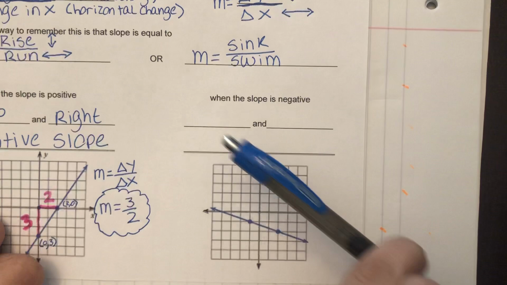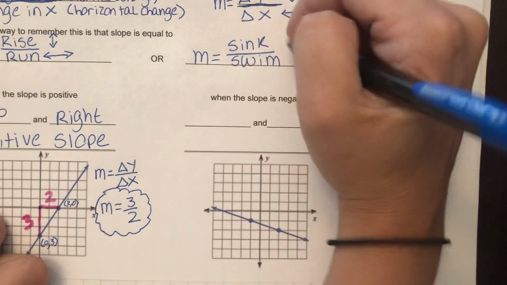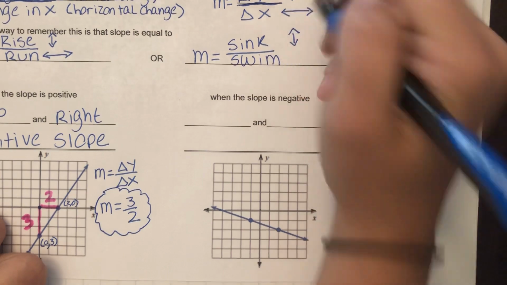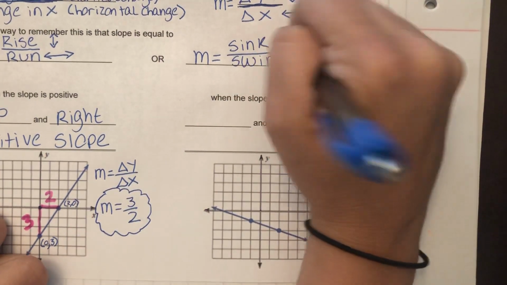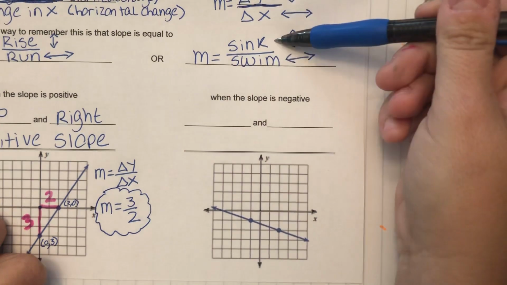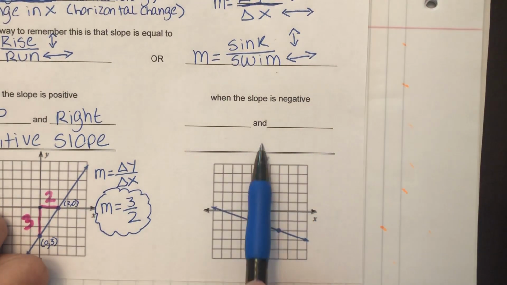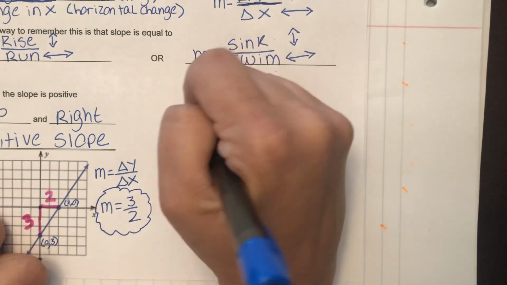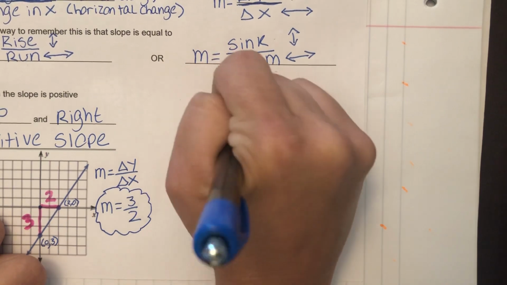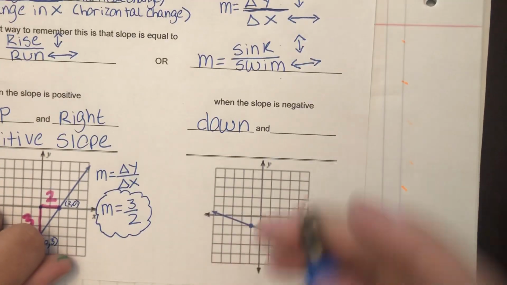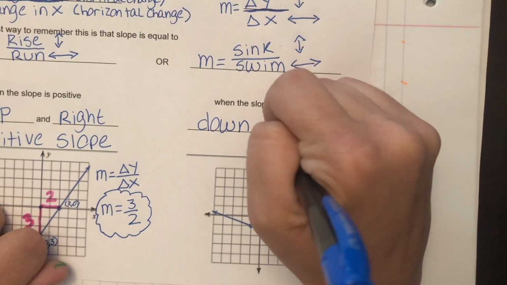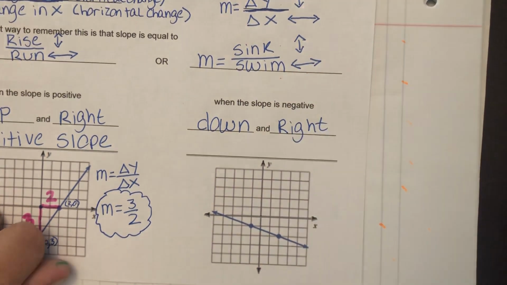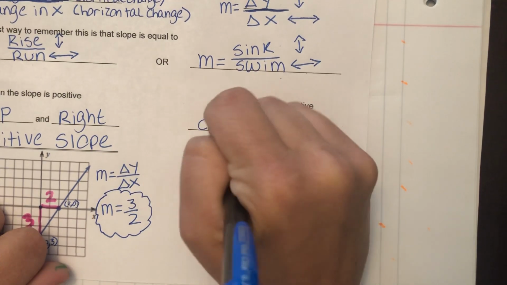That sink represents the vertical change, and the swim represents your horizontal change. So it's always the change in y over the change in x. y values are vertical, x values are horizontal. So when the slope is negative, you calculate the sink, which means you have to go down to get to your next point, and the swim, which means you have to go right. And again, this is a negative slope.